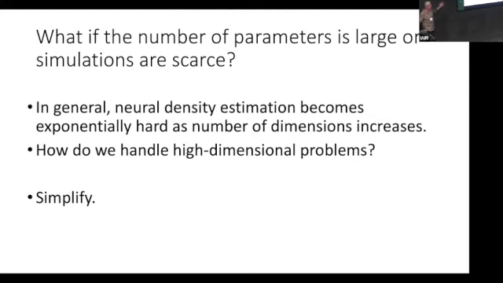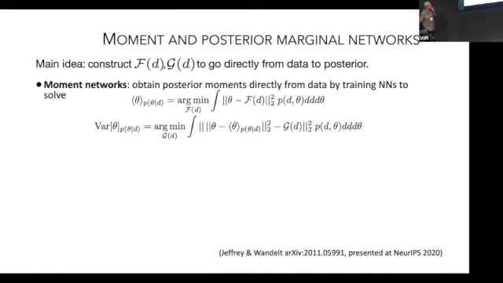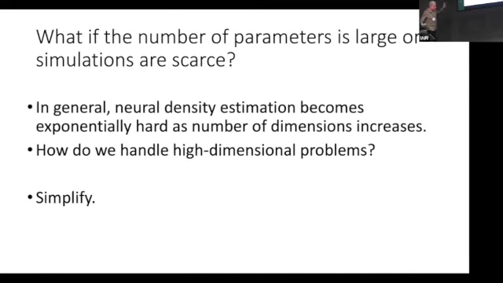One way to do that is to simplify the problem. So the way that you would do it in the old way is you would write down your full model, your full forward model, you would write down explicit likelihood functions. You would then have to figure out how to sample the parameters given the data. This requires a lot of skill in terms of getting these samplers to work, Hamiltonian Monte Carlo and various other things.